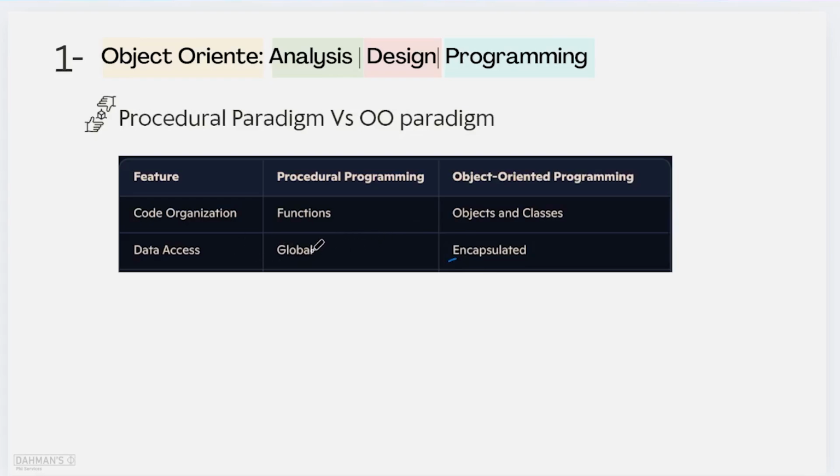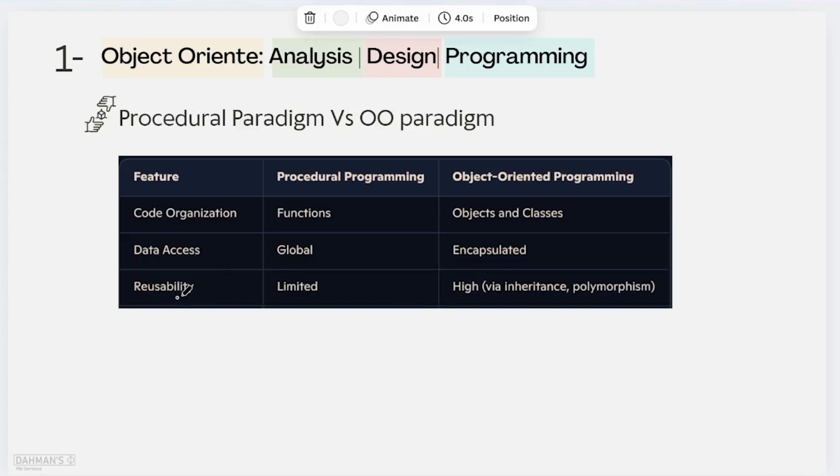This abstract or theoretical writing will be clear as we move along the course with practical examples. Now for reusability, believe me, procedural programming is very limited. If I write one script, I could hardly say it can be reused again. Unlike in object-oriented, where it's highly possible to reuse the script that you wrote in the form of a class, using what's called inheritance and polymorphism, which we will talk about later.